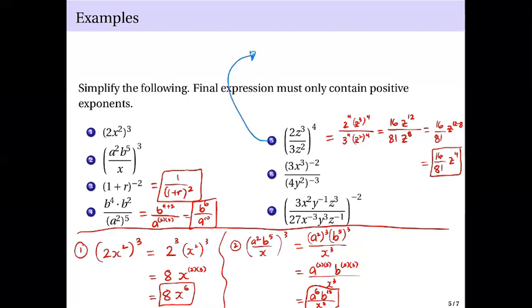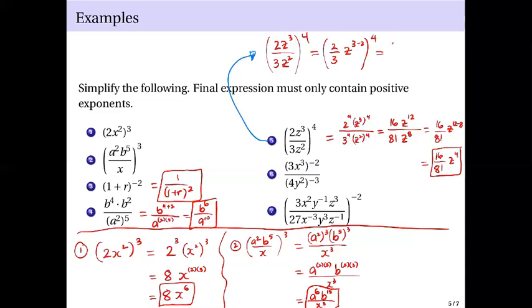We have 2z cubed divided by 3z squared, to the power 4. So you can immediately separate that 2 over 3, and then for the z, you have here 3 minus 2, and then you still have the power 4 here.